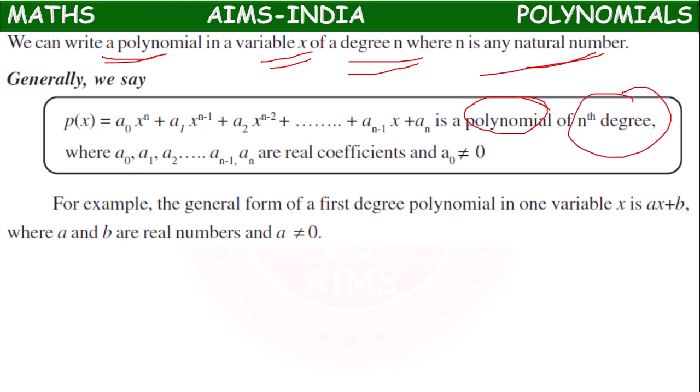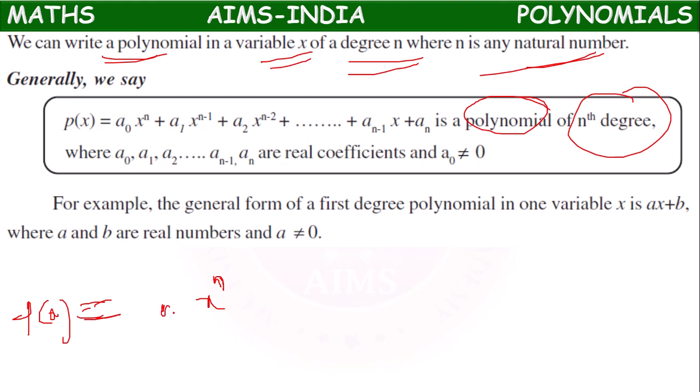Our polynomial name is p of x, an nth degree polynomial. Nth degree polynomial means its highest power is n and lowest power is 0. Since p of x is defined in variable x, x power n is the highest power of this polynomial.